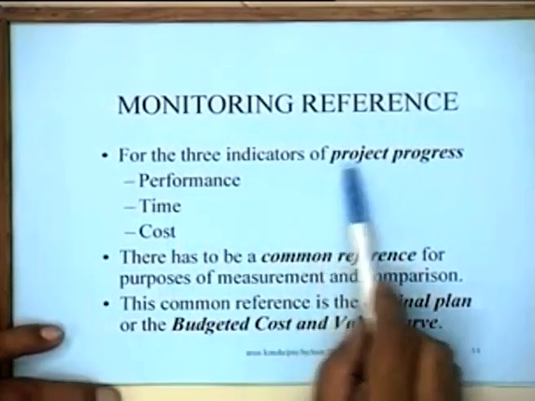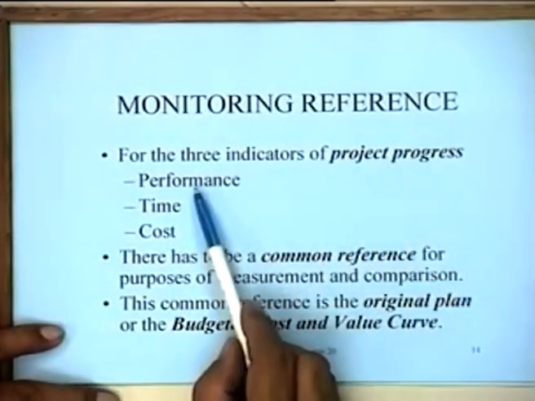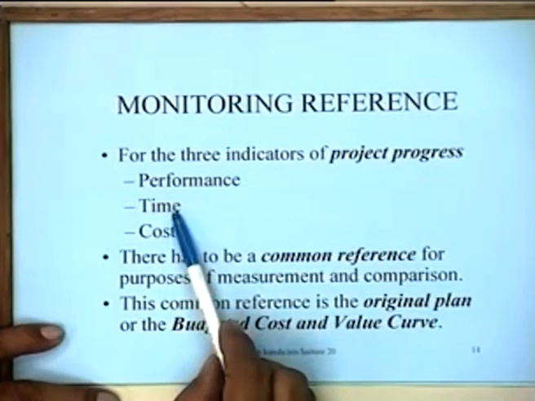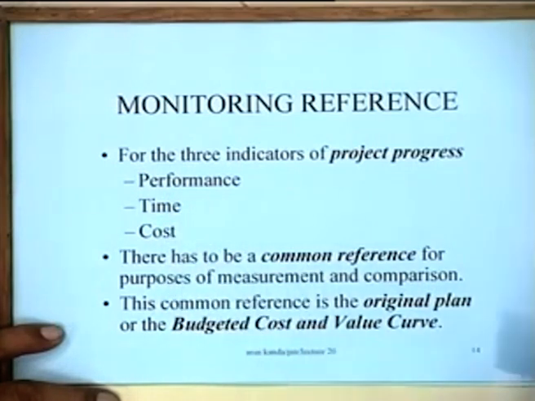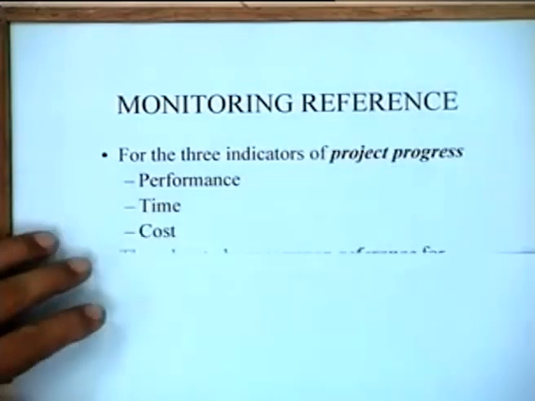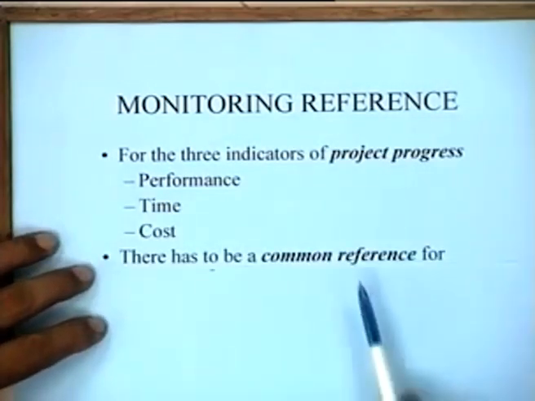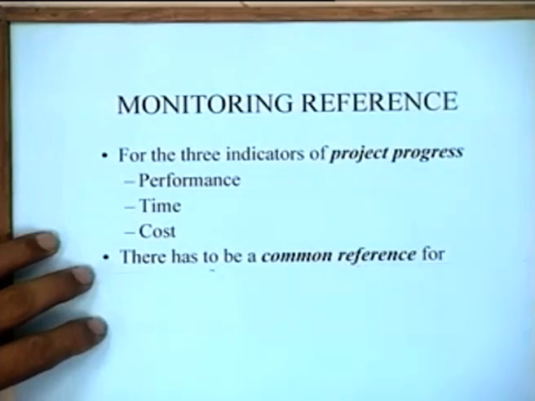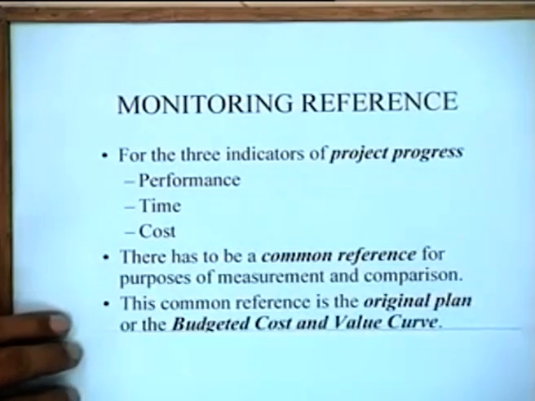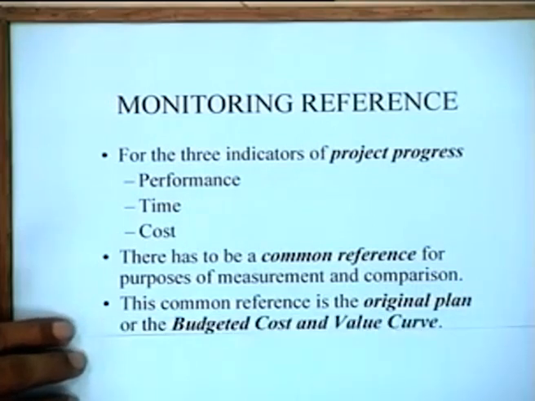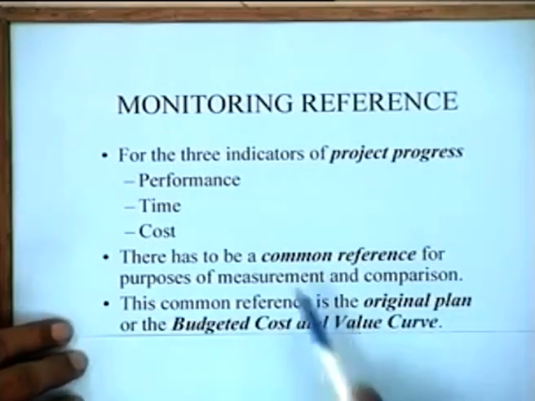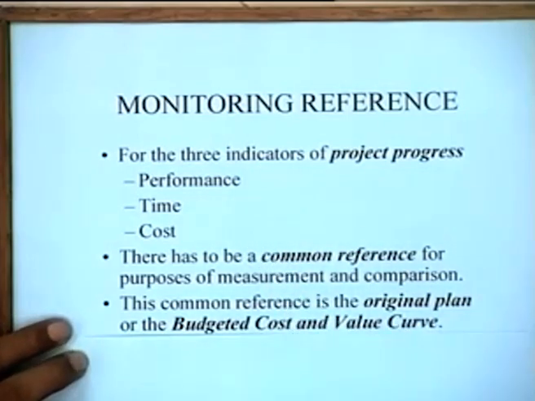For the three indicators of project progress, that is the performance, the time and the cost, there has to be a common reference for purposes of measurement and comparison. The important thing is a common reference, and this common reference is nothing but the original plan or the budgeted cost and value curve which we just determined.